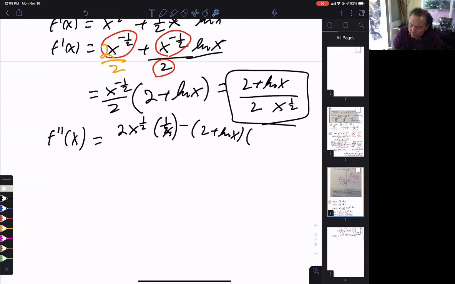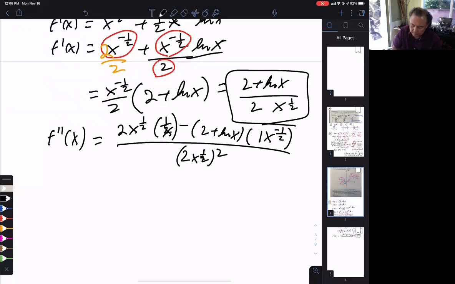Well, the derivative of the bottom, power rule, I move that in front. I end up with a 1 over x, subtract 1 from the power, and it's negative 1/2, over low squared. Ooh, I see a lot of work in my future here, a lot of work.